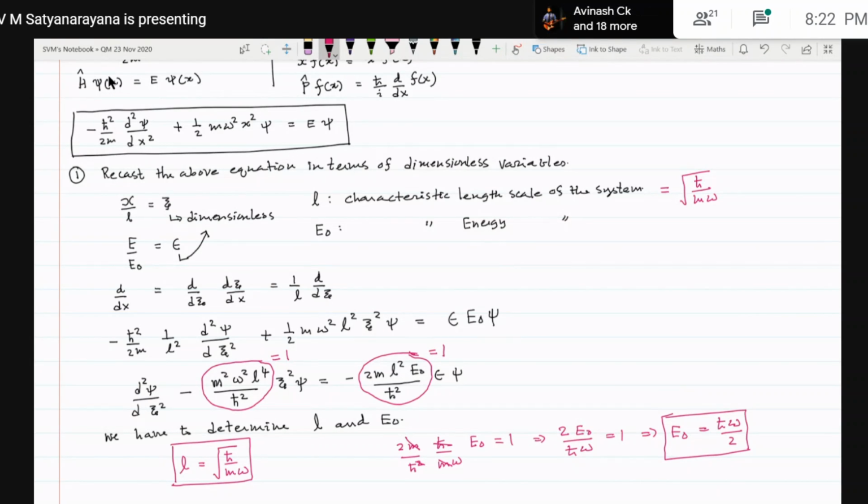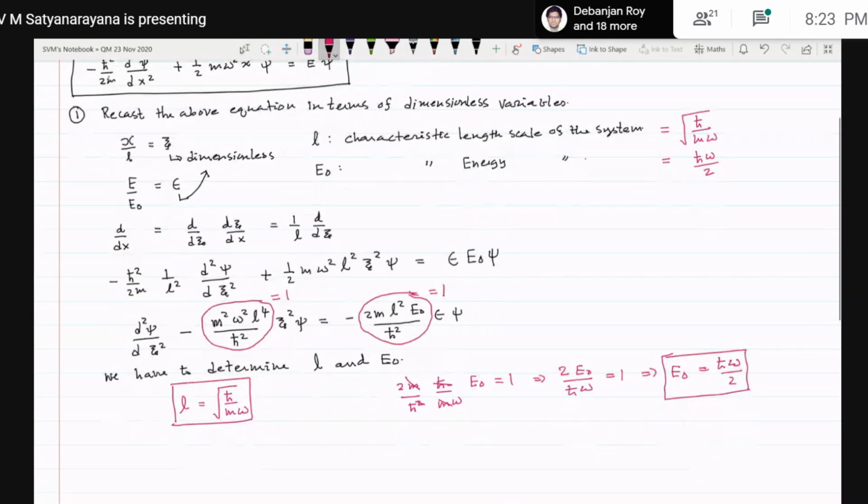So you can see that this is in terms of characteristic properties of the system. So characteristic energy is given by h bar omega by 2. With this choice, we are now able to write things down in terms of the dimensionless variables.